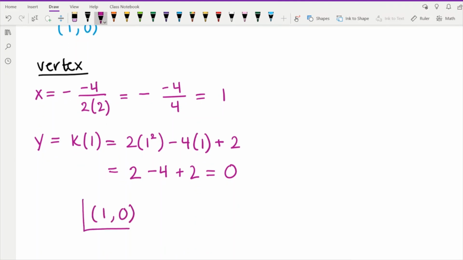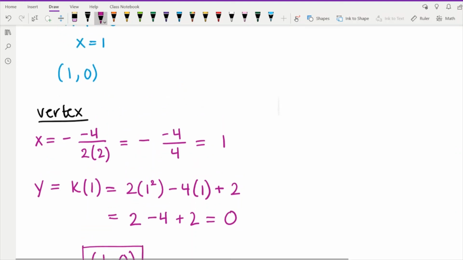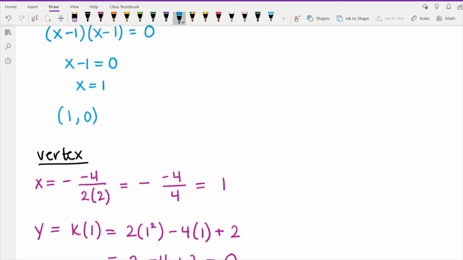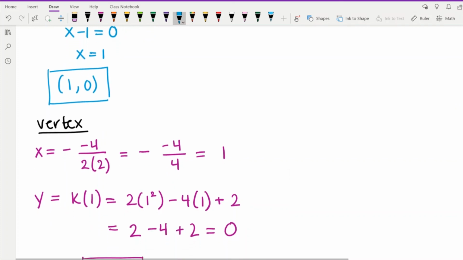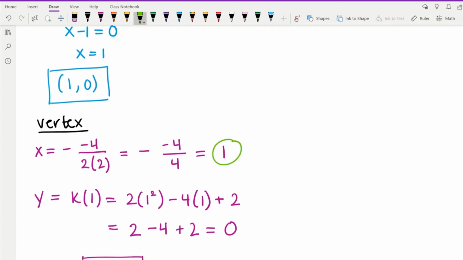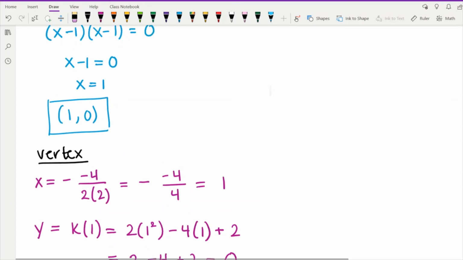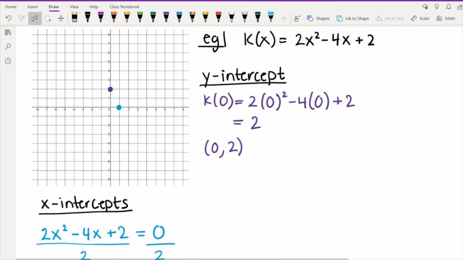Why isn't this surprising? Well, we already figured out earlier that the x-intercept of the graph is (1, 0). And so as soon as we knew that the x-coordinate of the vertex was 1, we already should have kind of known that the y-coordinate was going to be 0 because that's what we figured out earlier. And so what that means is that the vertex and the x-intercept are actually the same point.